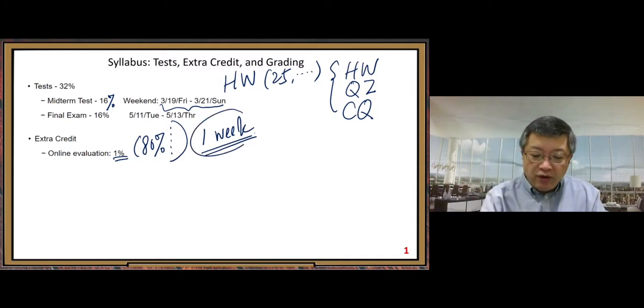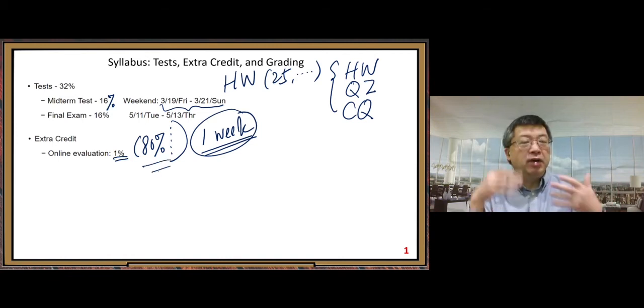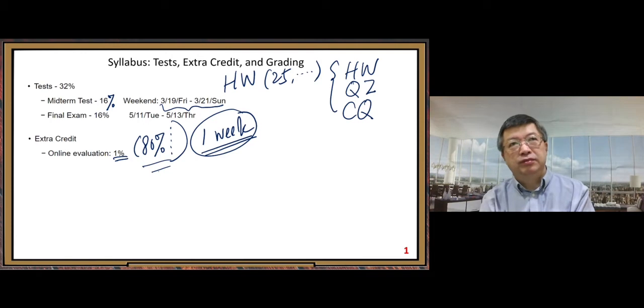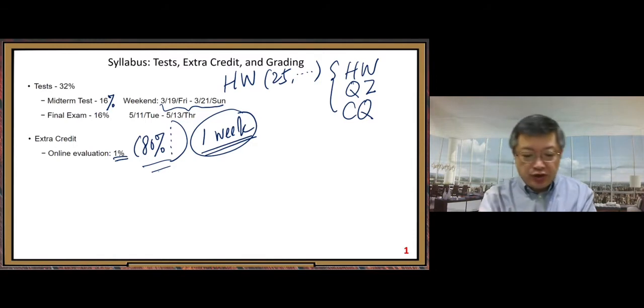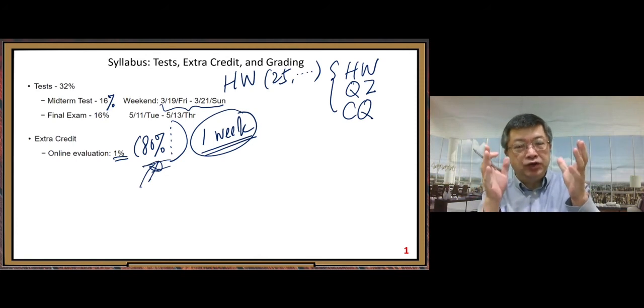One week before that, I will post the percentage number, how much percent of you have done that. If we have not reached this 80% line, then those who have not done it should do it.